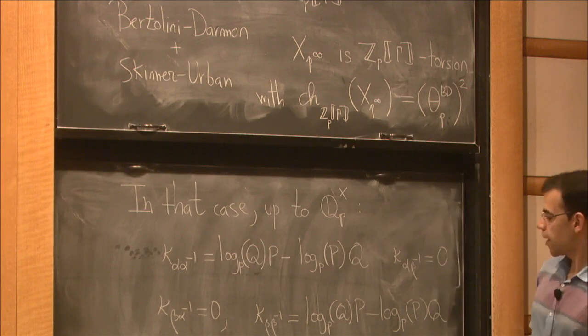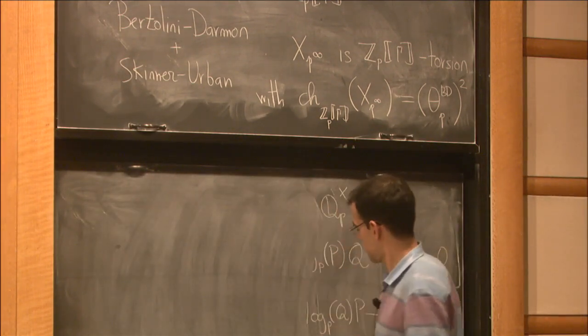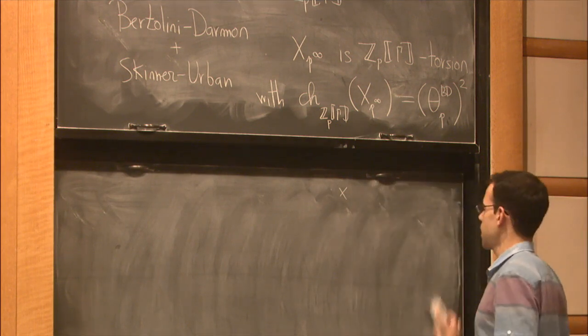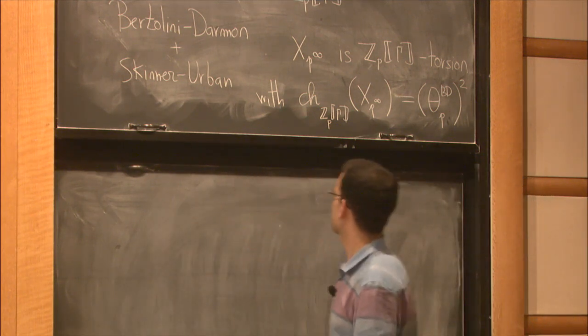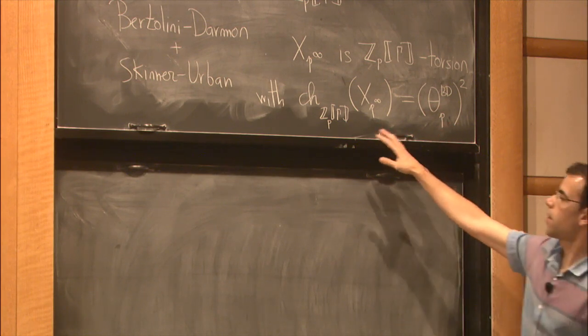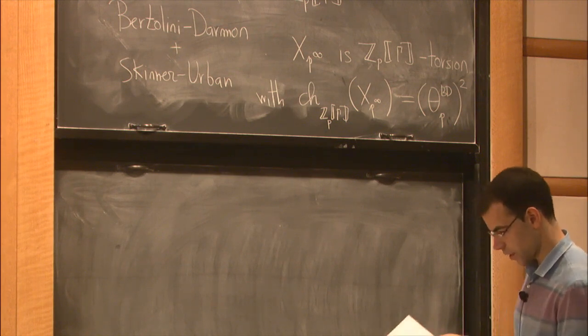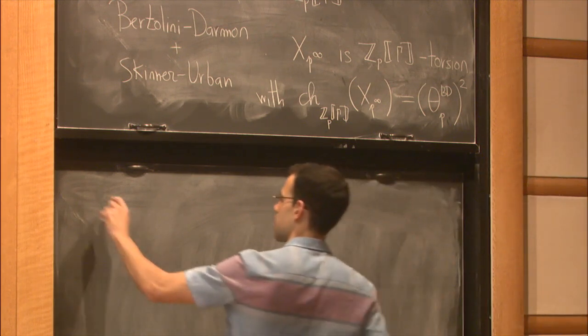This equality of characteristic ideals, by a so-called control theorem, allows you to relate the order of vanishing of this anticyclotomic character to the rank of some associated Selmer group. So that's what I'm going to do next.